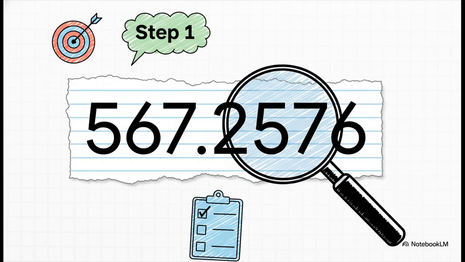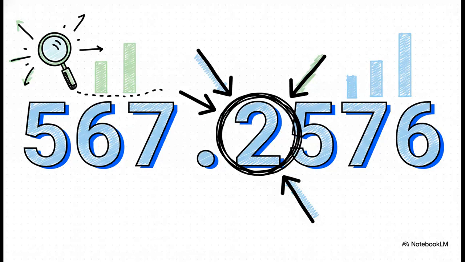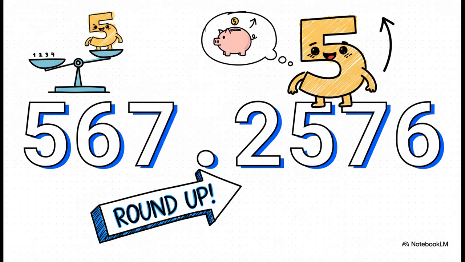All right, first example, we're rounding 567.2576 to the nearest tenth. Let's just follow our steps. Step 1, find the place. The tenths place is the first number right after the decimal, so our target digit is the 2. See how I've circled it on the screen? That's our guy. Now for step 2, we look at the neighbor to the right. The neighbor is a 5. Now what does our golden rule say about the number 5?